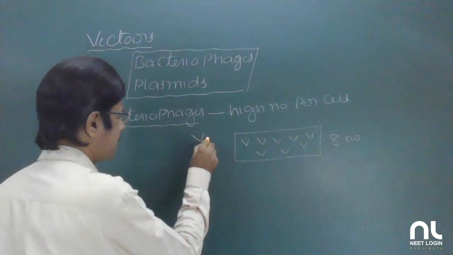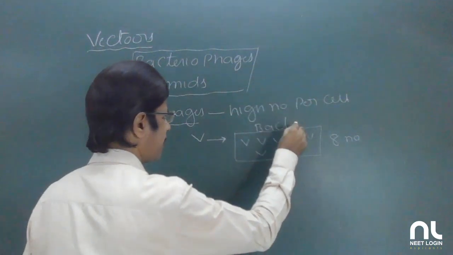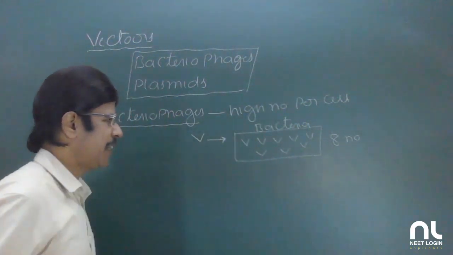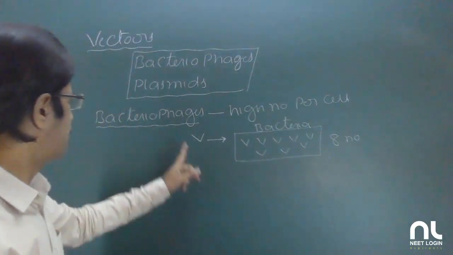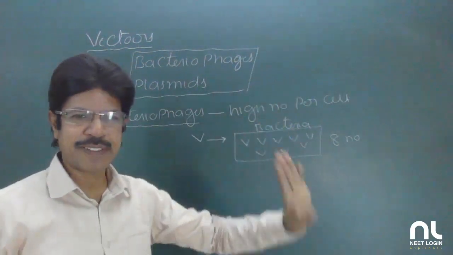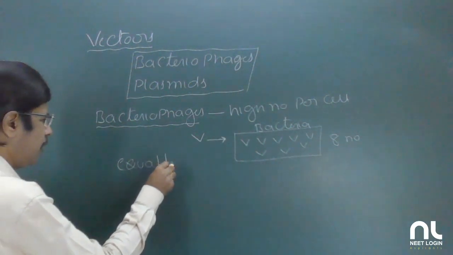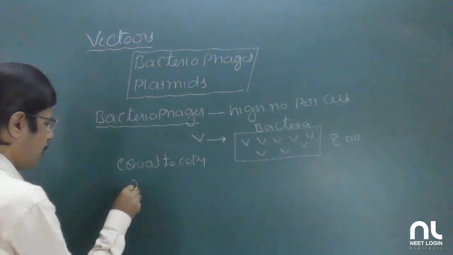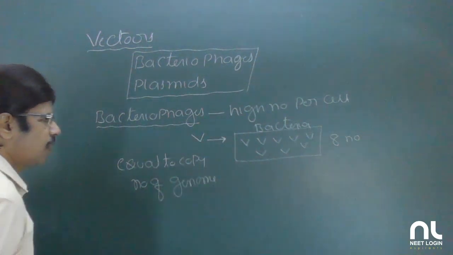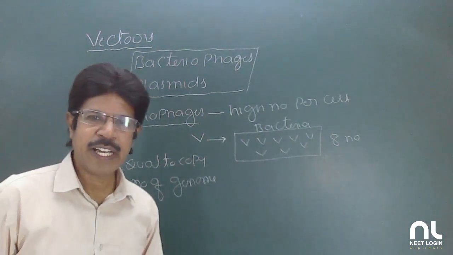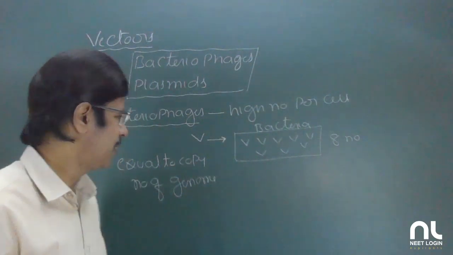So if a virus infects the bacteria, how many viruses can it produce? Suppose it is eight viruses. So bacteriophage has a high number per cell, equal to the copy number of the genome.